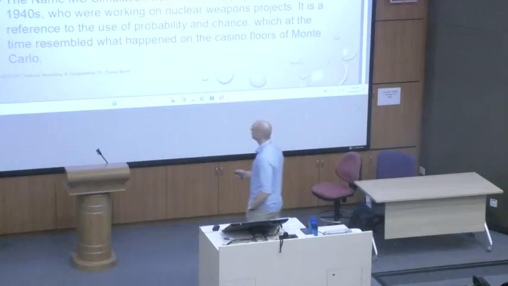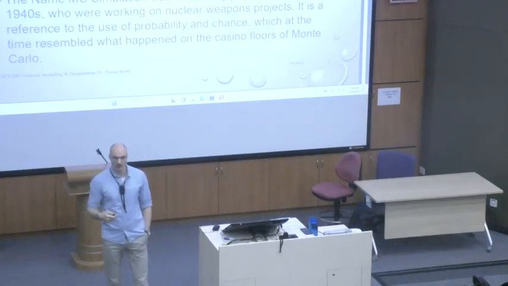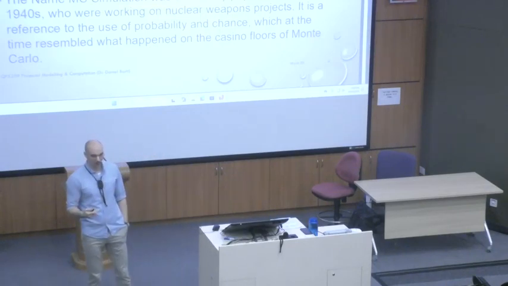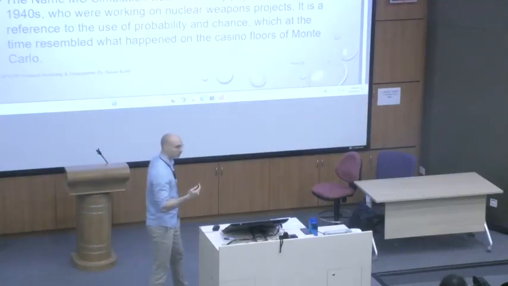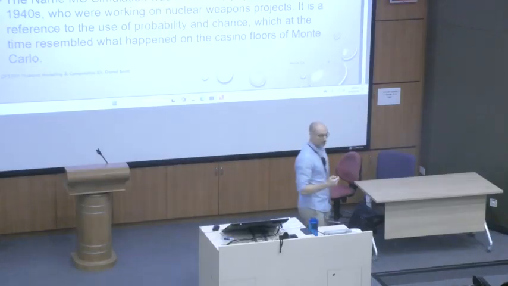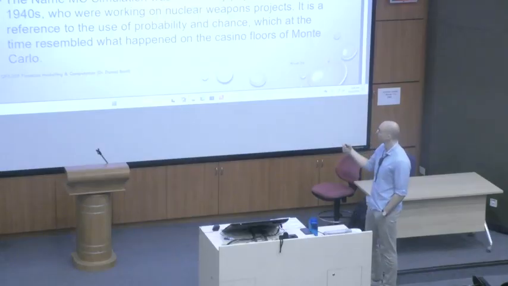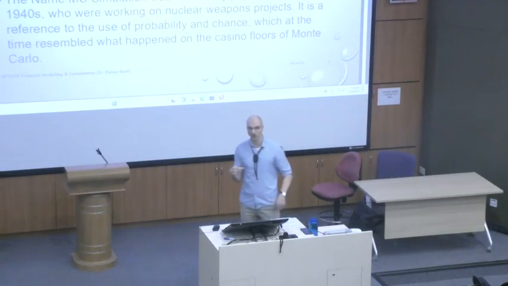Now, the idea of Monte Carlo methods is to use random numbers to approximate something which is actually not random at all. The expectation is just a number, right? And we're using random numbers to approximate this deterministic number. This is very different to the algorithms that we've used so far.